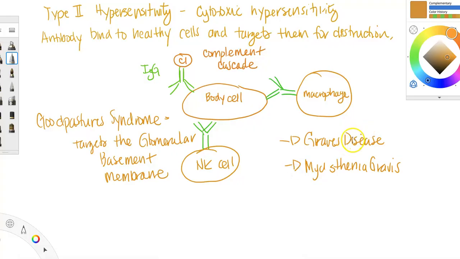So in Graves' disease, it activates receptors for thyroid hormone. It activates them so it makes too much. And then in myasthenia gravis, it blocks the receptor for acetylcholine. Blocks acetylcholine receptors.